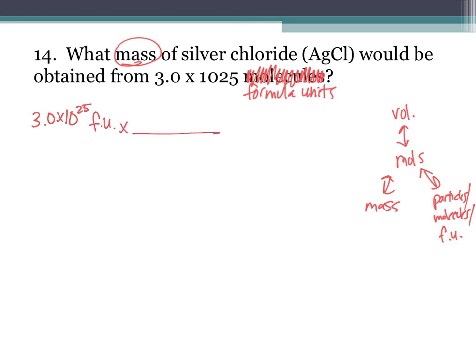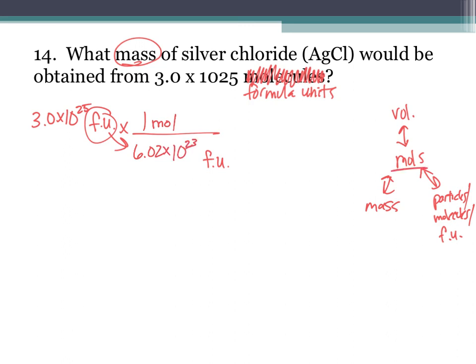Multiply it. Formula units needs to go down here. I need to go from formula units to moles so I can get to mass. So in 1 mole, there are 6.02 times 10 to the 23rd formula units.